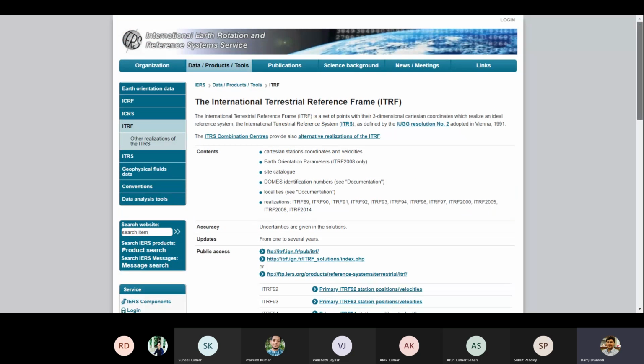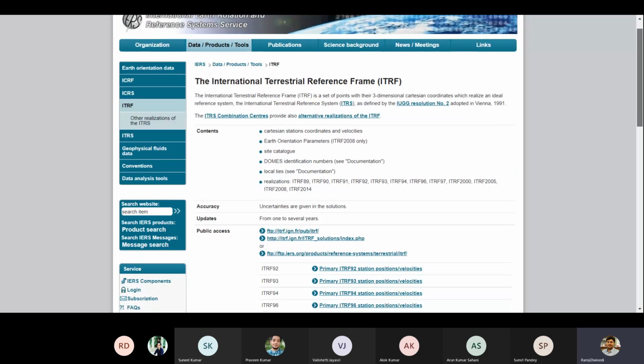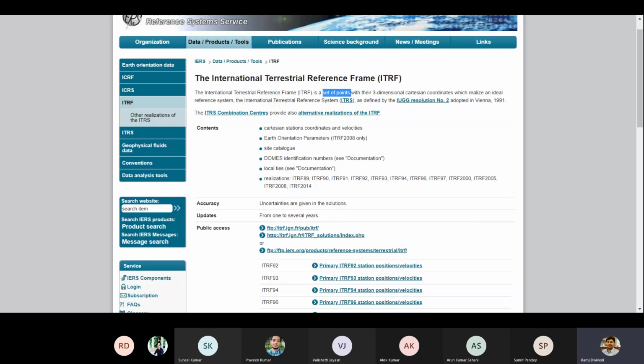ITRF is the International Terrestrial Reference Frame. Whenever you talk about a frame, it is a set of points with three-dimensional Cartesian coordinates, which realize an ideal reference system, the ITRS, as defined by the IUGG resolution in Vienna. It contains Cartesian coordinates and velocities, Earth orientation parameters, site catalog, the identification number, the documentation number, and the previous realization.